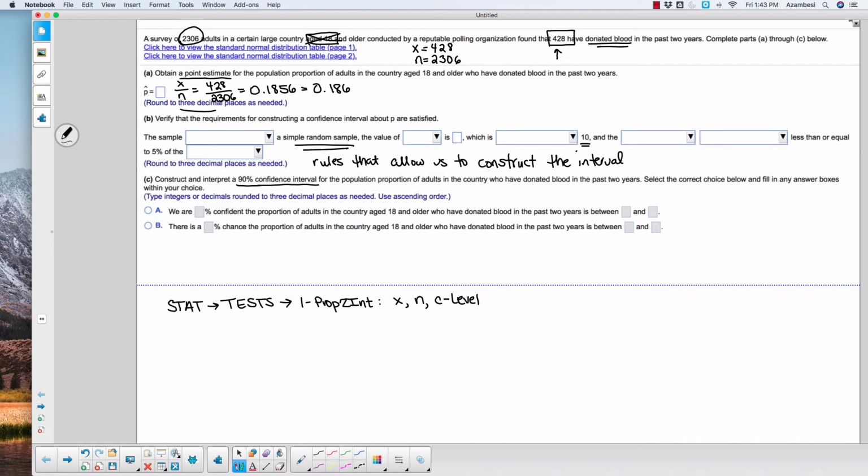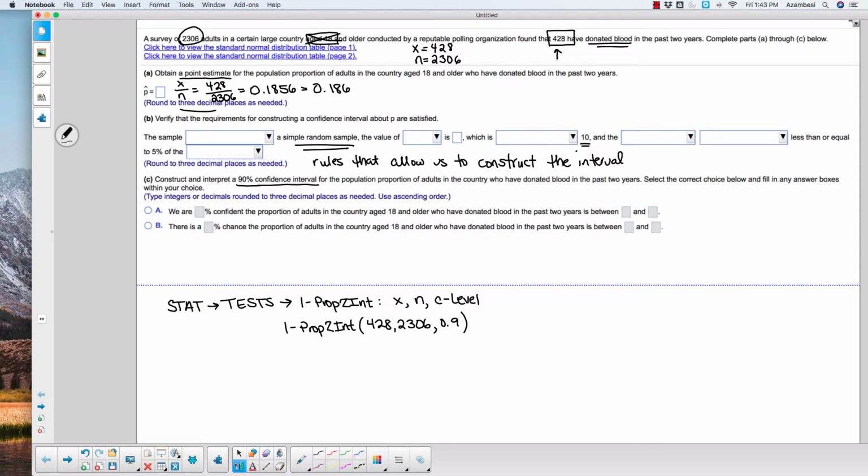So for this problem, I would put in the one proportion z interval, and then my x value is 428, my n value is 2306, and my confidence level is 0.9 or 90%.